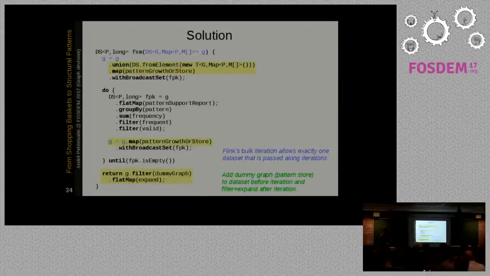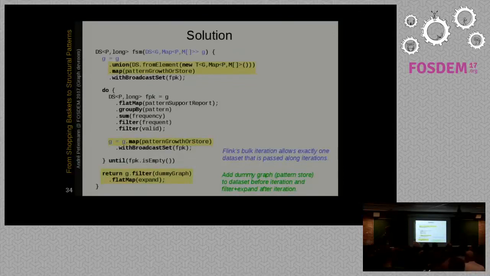At the beginning of the data flow, we added to the graph data set a new empty graph element, an empty graph with an empty map. Because it's an empty graph and we ensure that it's the only empty graph in the whole data set, we can identify it. Then we extend this map function: we do not only apply pattern growth, but pattern growth or store. We just check if the graph is empty, and if so we can use its pattern embeddings map to store frequent patterns.